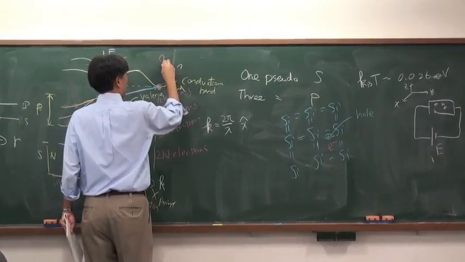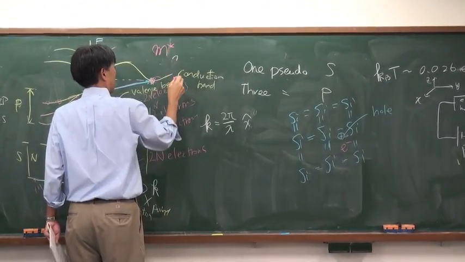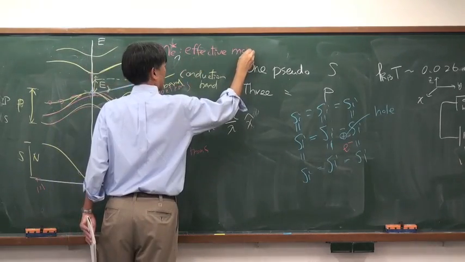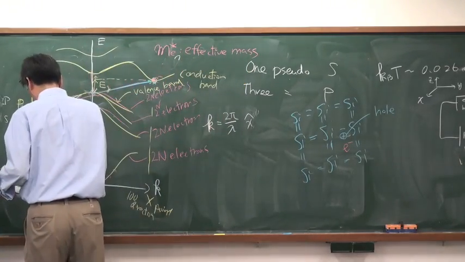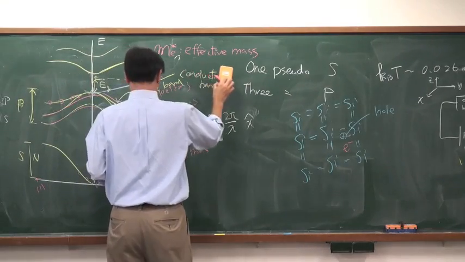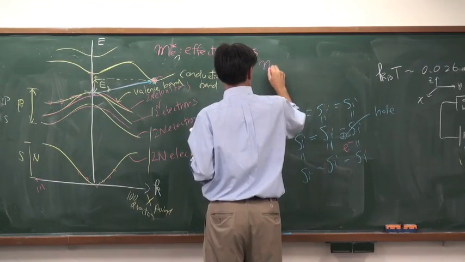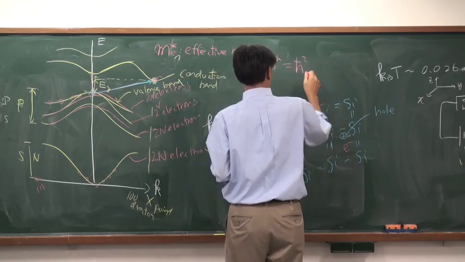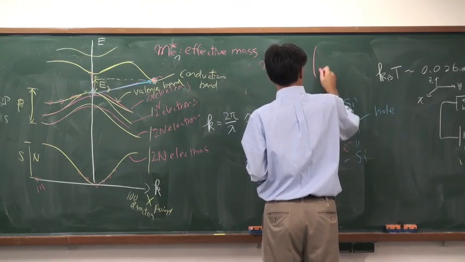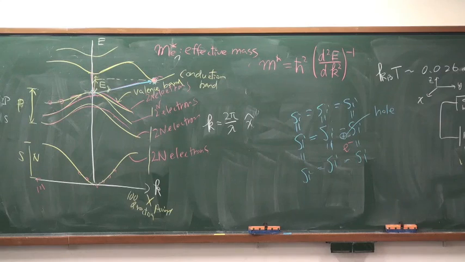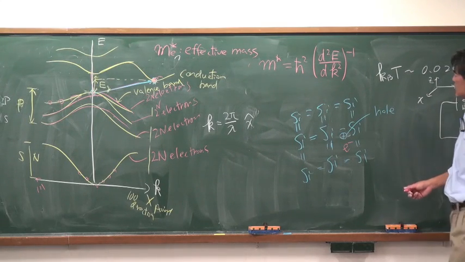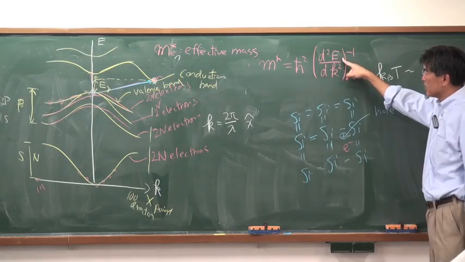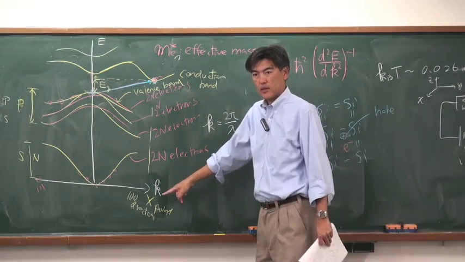What m should I use? m star, the effective mass of the electron, is given by m star equals h bar squared, where h is the Planck constant, divided by the second derivative of energy versus k.